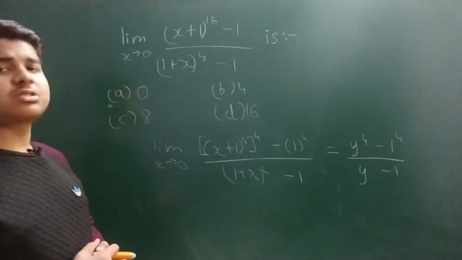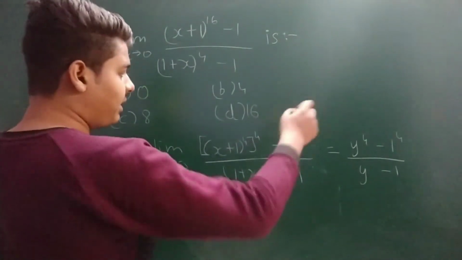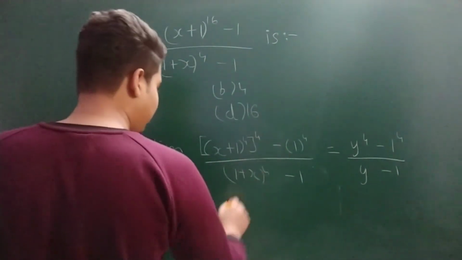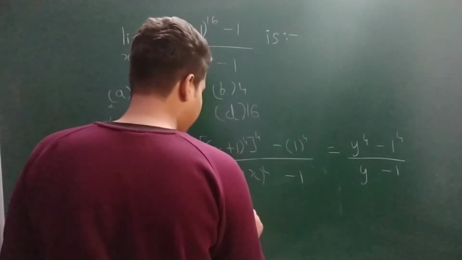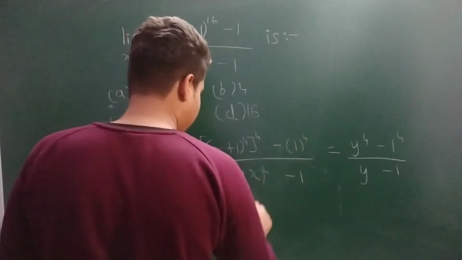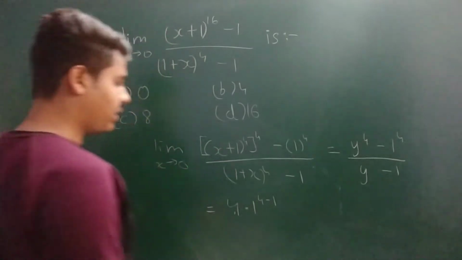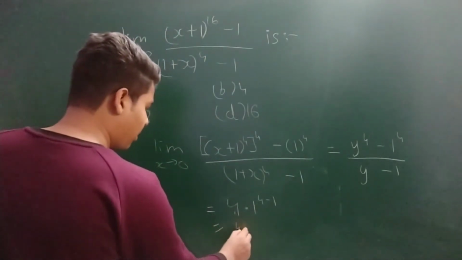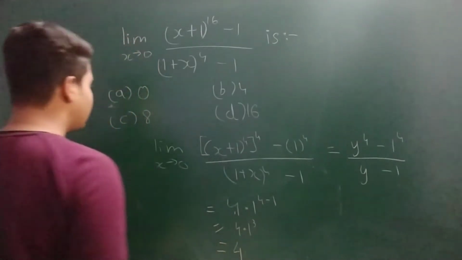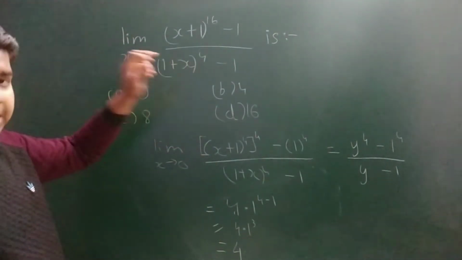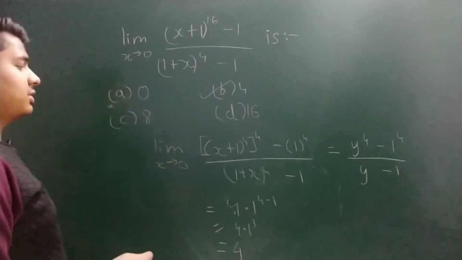Here a is the constant, or you can say 1, and this can also be expressed as n, that is 4, multiplied by a, that is 1, to the power 4 minus 1, which is 4 times 1 cube, that is 4. So our option B, that is 4, is the answer to this question.